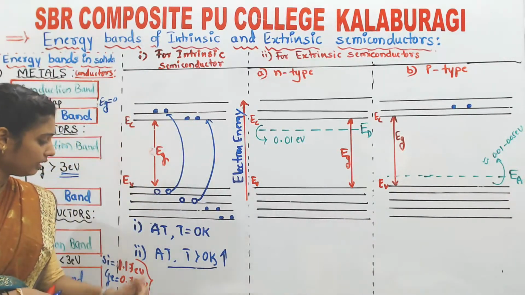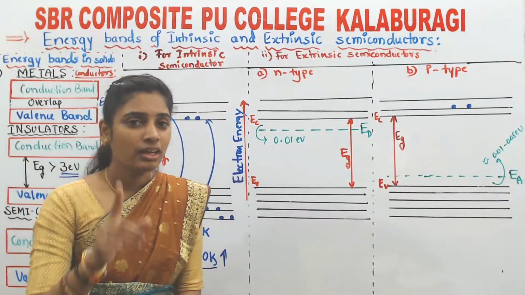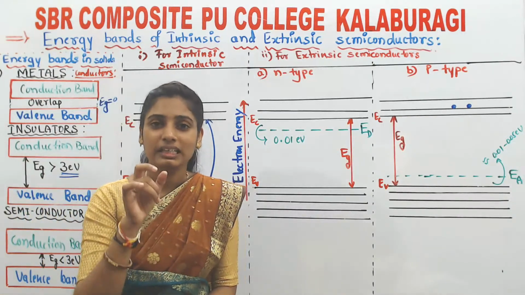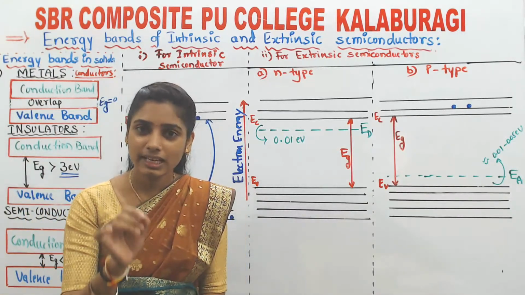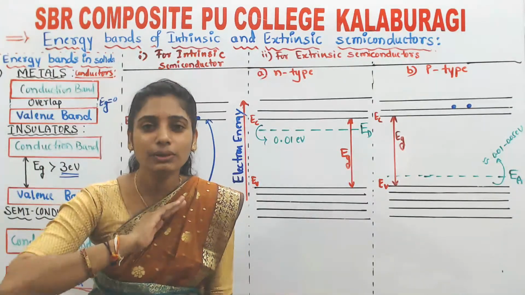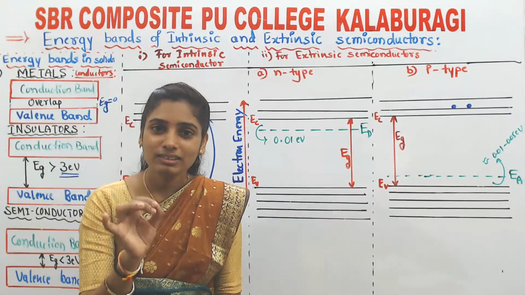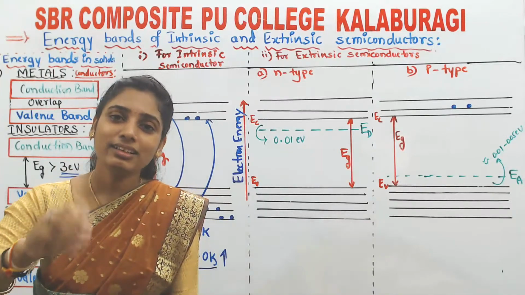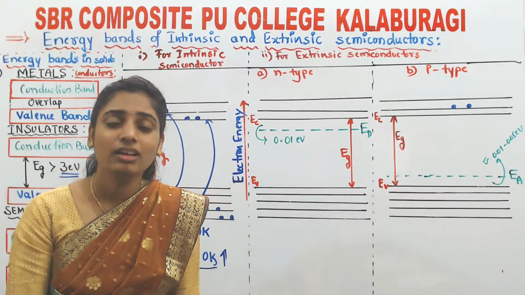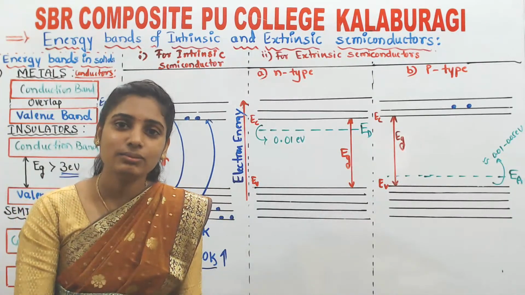Let me run through it again quickly. At T equals 0 Kelvin, an intrinsic semiconductor behaves like an insulator, because there are no conduction electrons; all the electrons lie in the valence band itself.